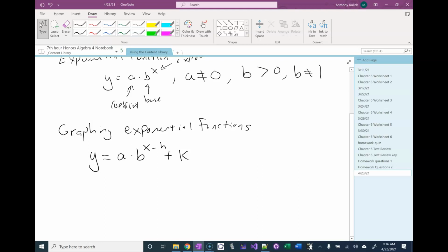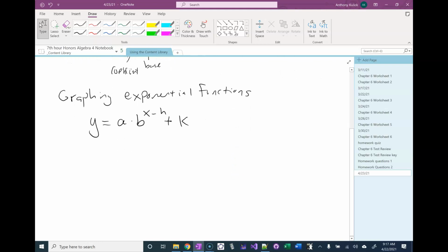One thing that we have to be careful about when graphing exponential functions is that the y-coordinate can get very big or very small very quickly. So one of the hallmarks of an exponential function is that they grow or decay rapidly. So we have to be a little bit careful when we're choosing our x values for our function.